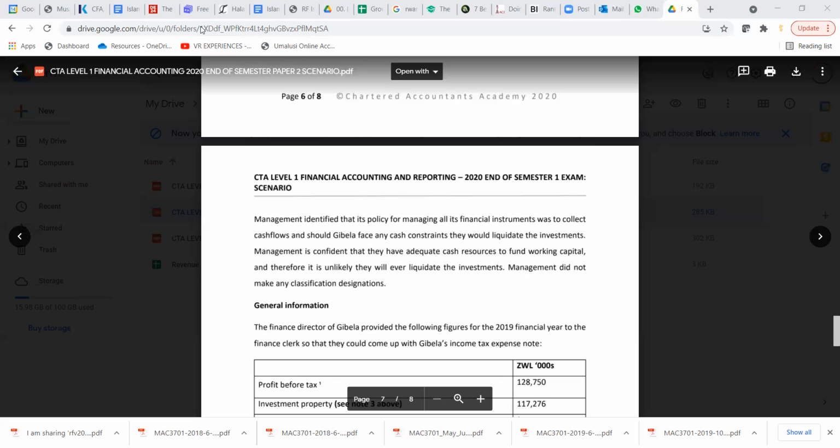For equity instruments, is it voluntary or mandatory to measure through OCI? It's not mandatory, it's a voluntary election. Yes, that is the irrevocable election.